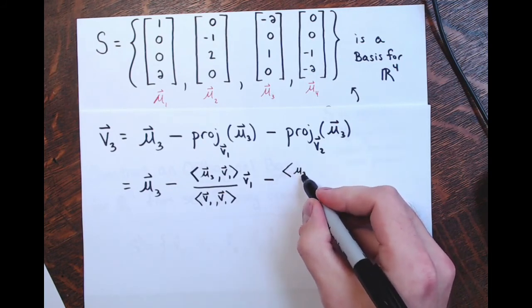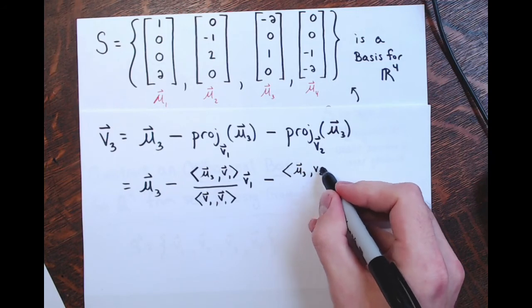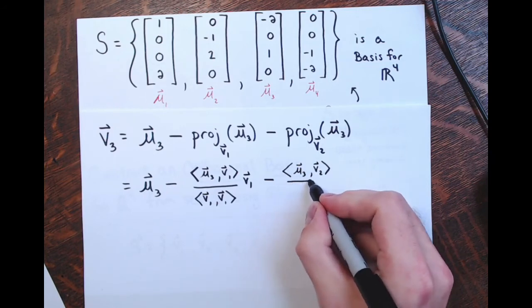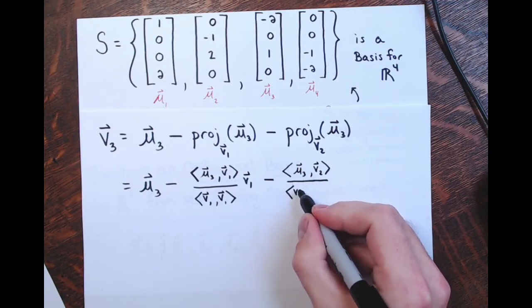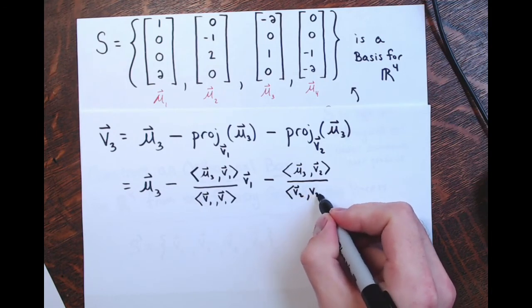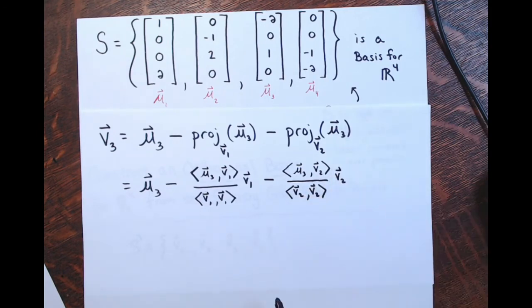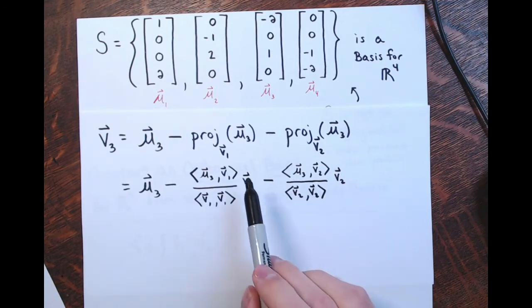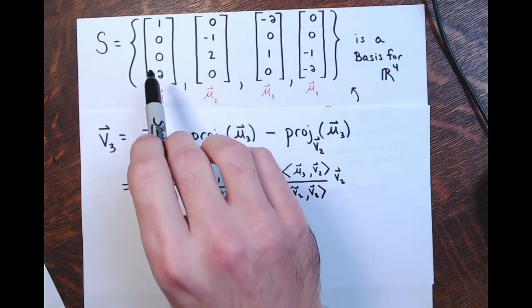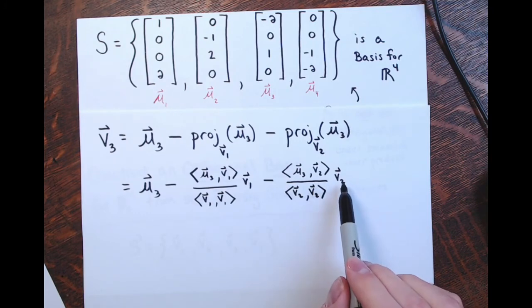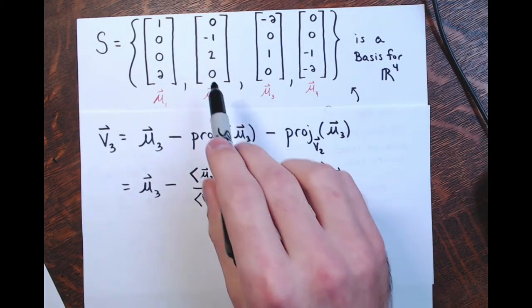So the inner product of u3 with v2 divided by the inner product of v2 with v2 times v2. All right, so let me do all this. And just remember that v1 was just u1, and v2, after running through the formula, ended up just being u2.